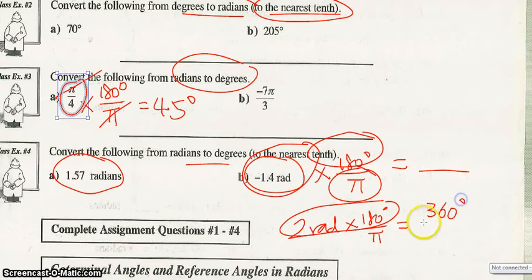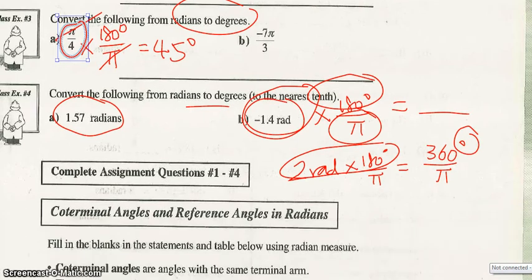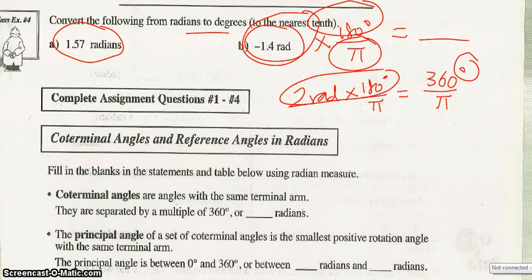The answer will be 360 divided by pi. But usually that will not be the representation you want. Like you're in degree, so you don't need pi, right? Divide by pi will be like 114.6 degrees. So they are just different forms they may ask you to do, then you just follow the instruction.